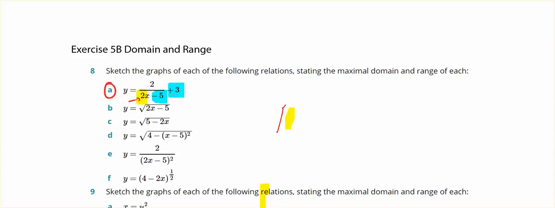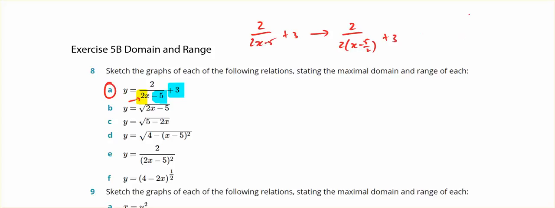Remember, whenever we have a number or a negative sign in front of the x, you need to take that out as a factor to really find out what the true left-right translation is. So what I physically mean is that if we have 2x minus 5 plus 3, I need to first take the 2 out as a factor, so it becomes x minus 5 over 2, plus 3.